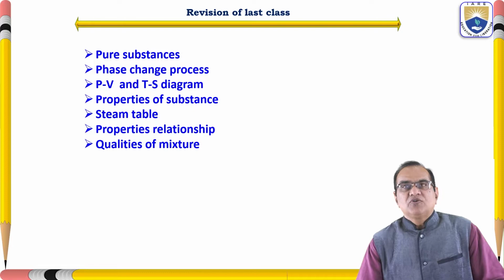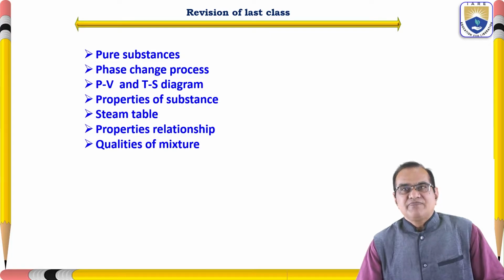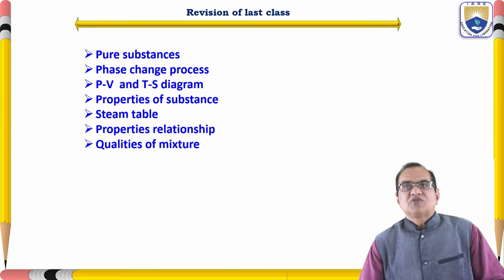Then I have also covered the phase change process. I have shown it in PV and TS diagrams. Then properties of the substances. I have shown the steam table. Then property relationship and the quality of mixture.